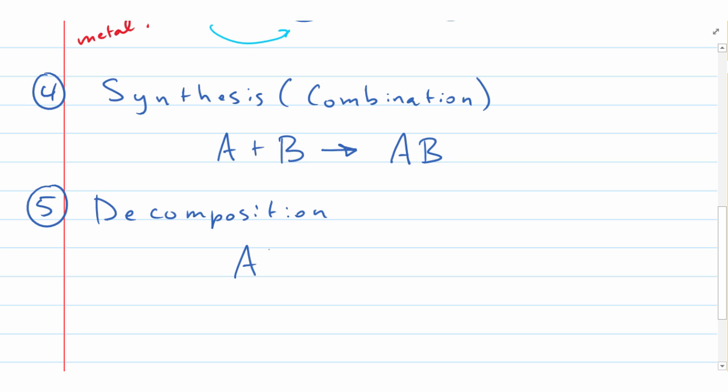In a decomposition reaction, we have AB, which is a single reactant breaking down into two or more products. And again, these should make sense. If you decompose something, that means you start with one whole unit and we break it down. With synthesis, that means we start with multiple units and we put them together.